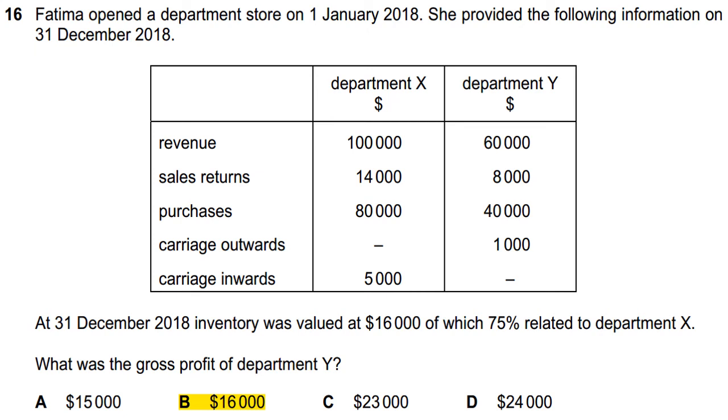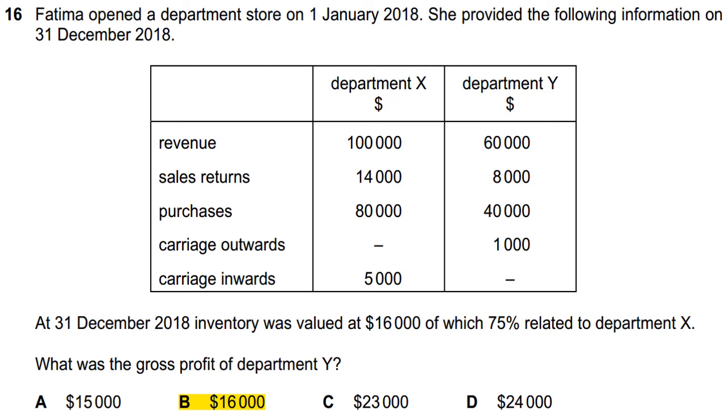What was the gross profit of department Y? So option B will be correct, 16,000. We will also see this 75%, that is closing inventory. 16,000 is the total closing inventory, of which 75% is of X. When we take 75% of 16,000, this will be 12,000.